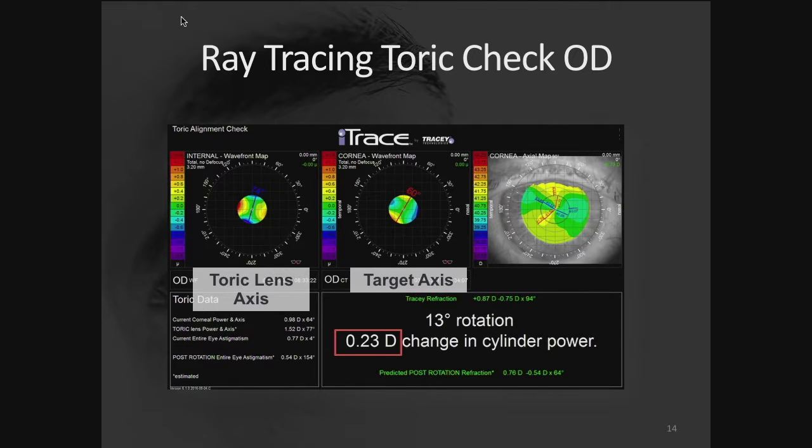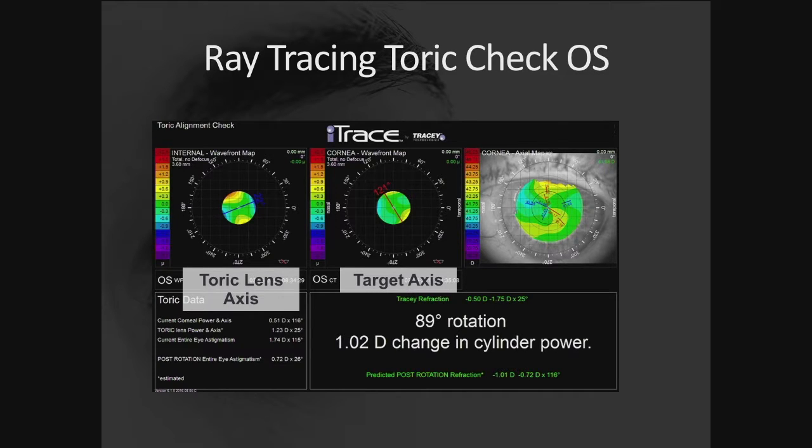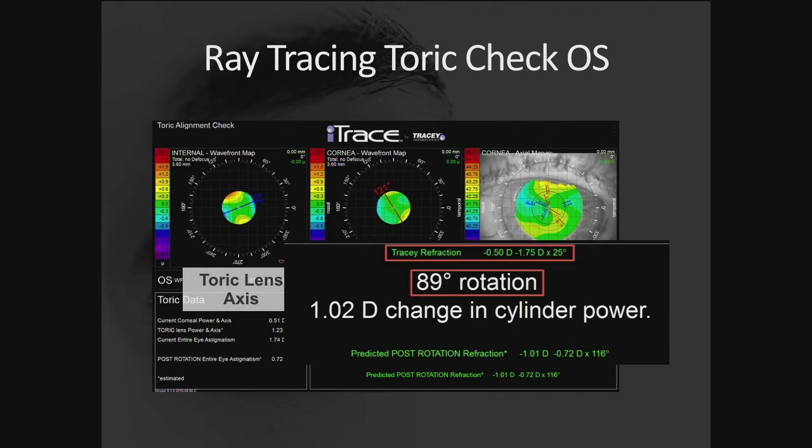So ray tracing technology is actually extraordinarily useful now in the clinic for this exact issue. And in fact, if we look at the dominant eye, it says, hey, looks like we did okay here. But if we look at the non-dominant eye, you can see a mismatch from the toric lens axis internally and the target axis. It looks like it rotated about 90 degrees, which mathematically works out.